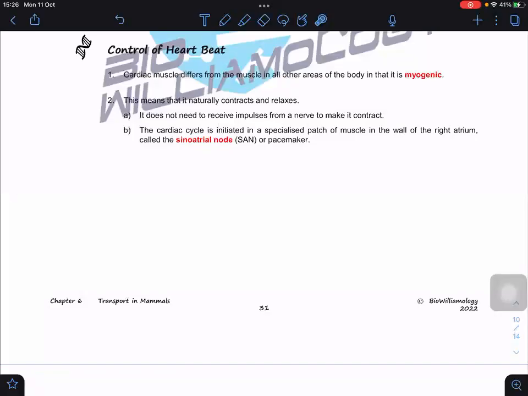Okay, so one thing that we need to know about our cardiac muscle, slightly different, actually very different from the skeletal muscle or the smooth muscle. Because when you talk about smooth muscle or skeletal muscle, they are neurogenic.